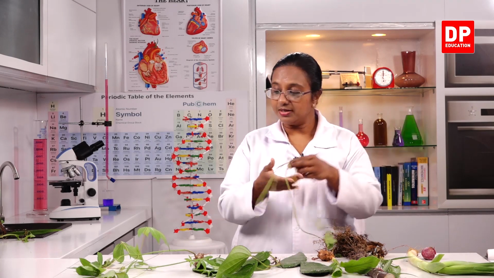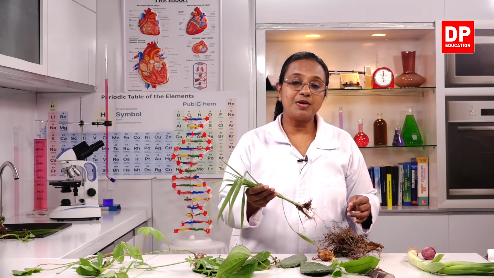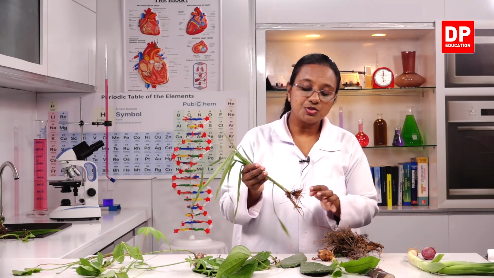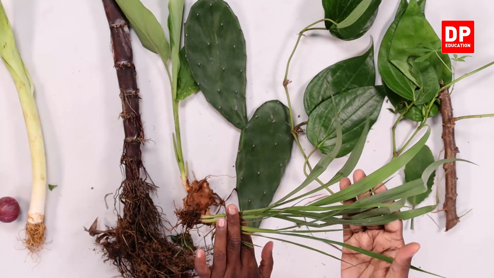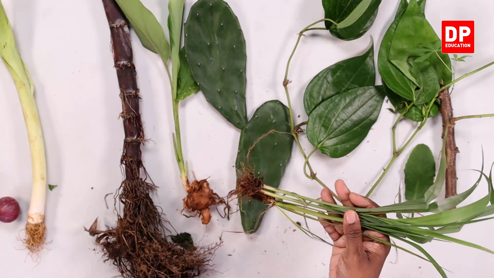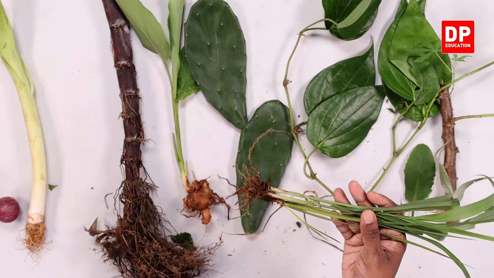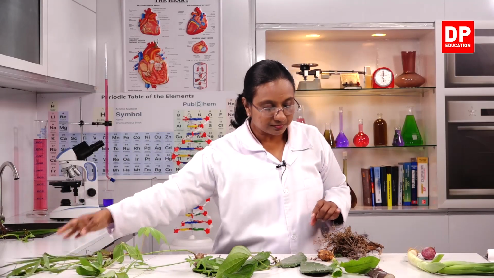So that is one type of plant stem. Then we have the grass plant similar to paddy and all those. They reproduce by suckers. So here you can see these are the suckers. So a grass plant reproduces by suckers. So that is also a different type of stem.